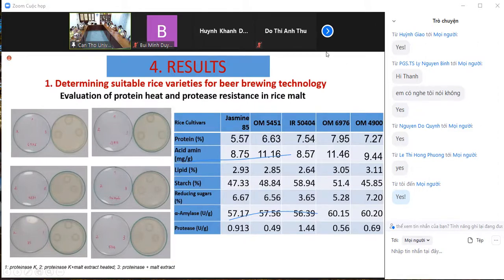So in this table, we can see that among the five rice varieties, there are many differences in the nutrition ingredients in dry malt. We can see that after germination, the alpha amylase enzyme and protease enzyme increase their reactivity in dry malt.